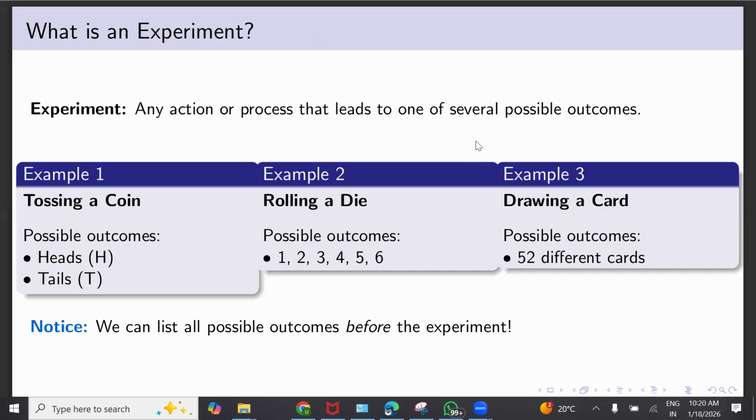You can see there are two possible outcomes. One is head, second one is tail. And moreover, the probability of getting head is 0.5, probability of getting tail is 0.5.